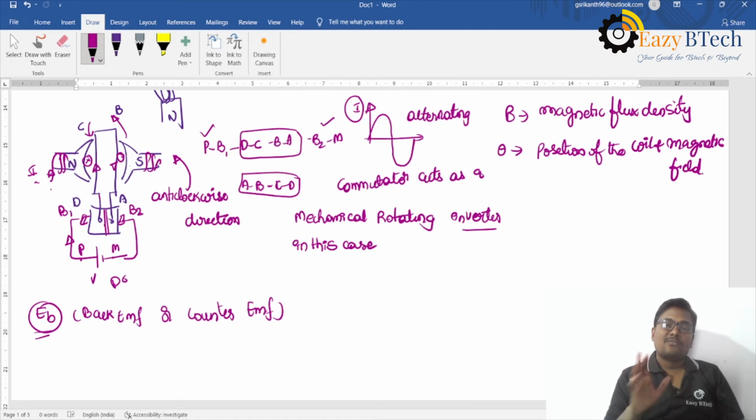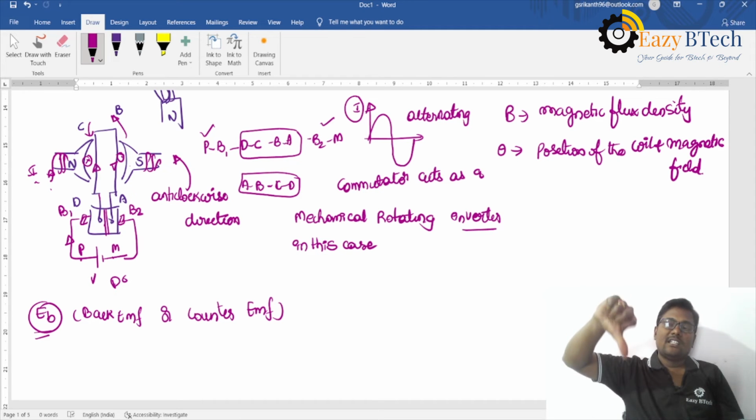For the direction of force, you can use Fleming's left hand rule. For the right hand rule, thumb indicates the direction of the rotation, forefinger indicates the direction of the flux, and the middle finger represents the direction of the induced EMF, which is outwards.